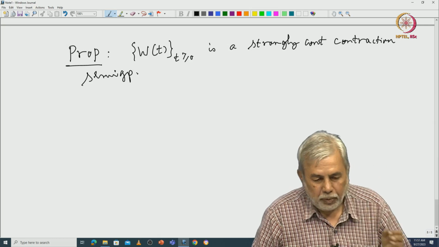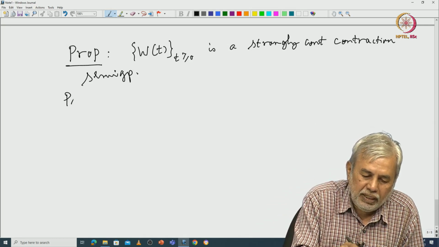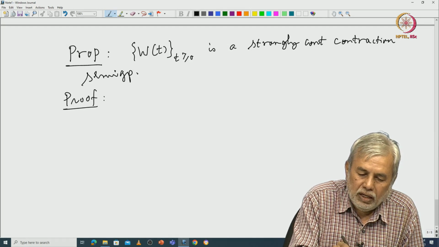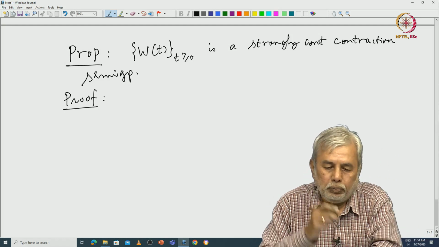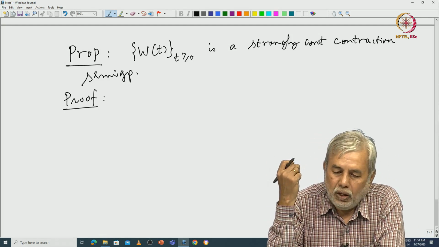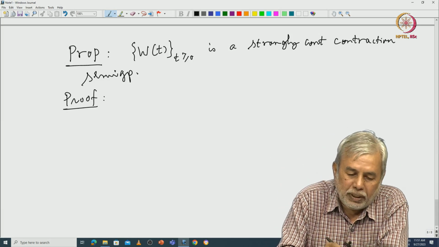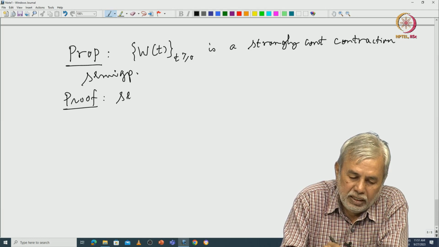Okay, so that's the first proposition. Let me give some details so that you also start working with more examples. So first let's prove the semigroup property. That's somewhat easier.